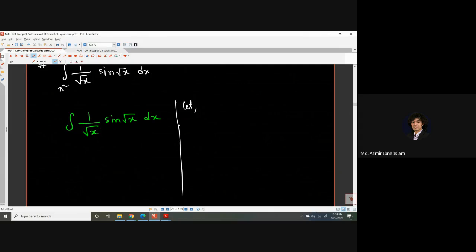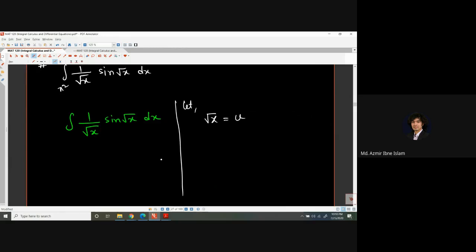That's why the substitution method is called a trial and error process. So if we take root x as u, I am directly taking root x this time.